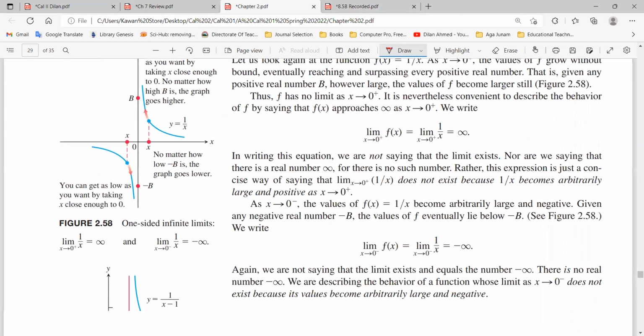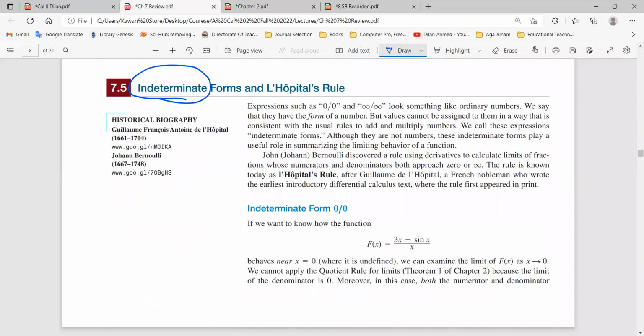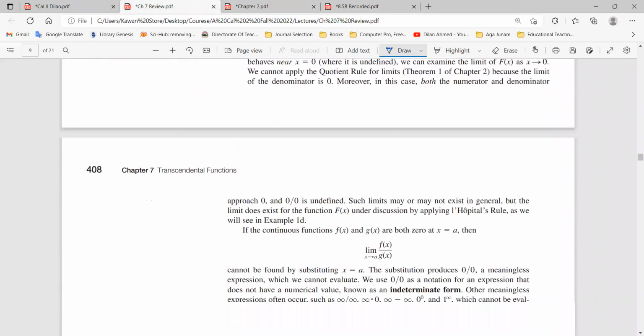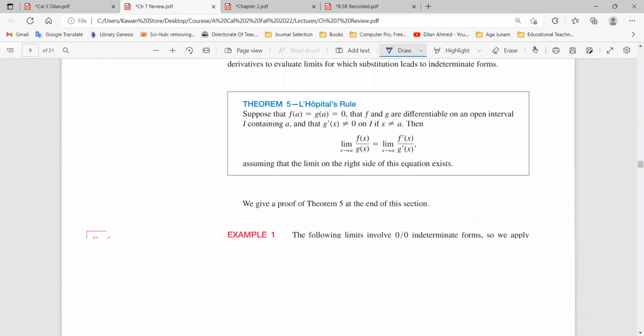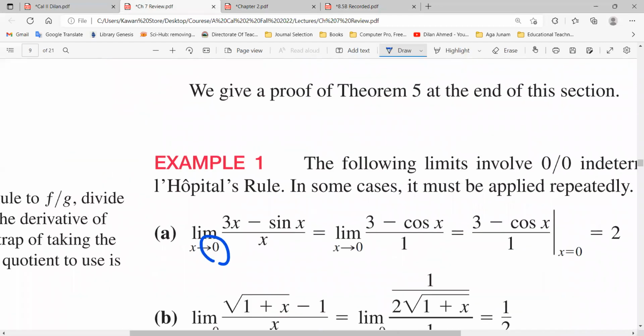This is actually a review for you. Careful, L'Hospital deals with all types of indeterminate forms, not just limits approaching 0 or infinity. In this chapter we are not going to talk about just infinity; we talk about indeterminate forms.